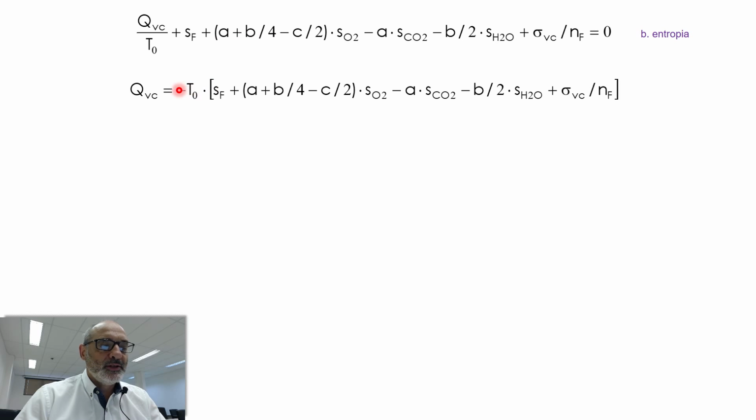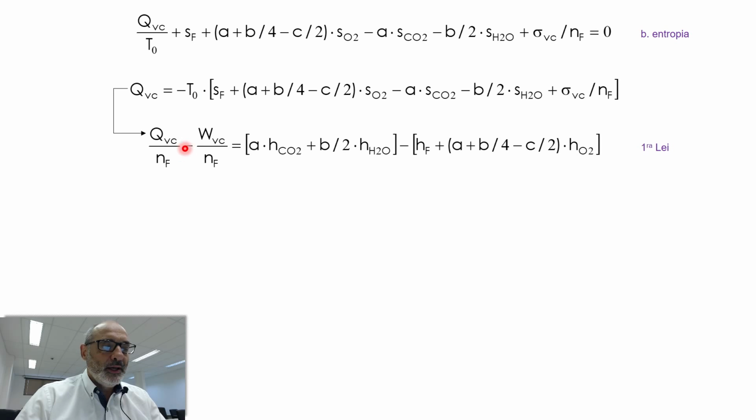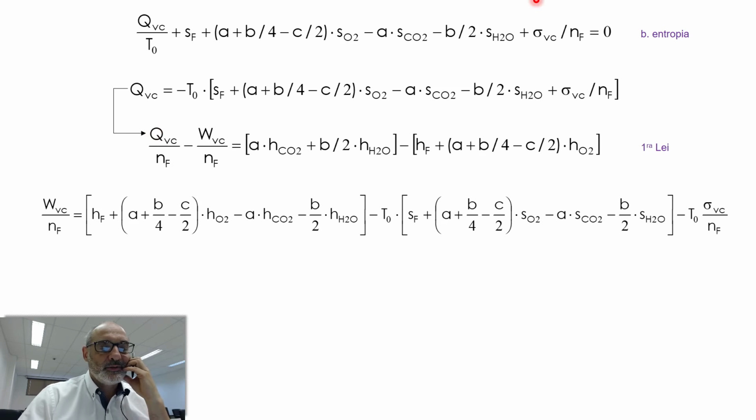I'm just multiplying everything by T0, and if I replace this heat from the entropy balance into the first law's expression, I'm replacing this expression here. I get this result.